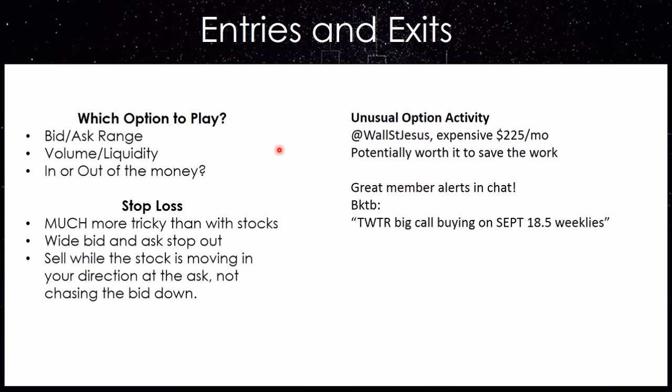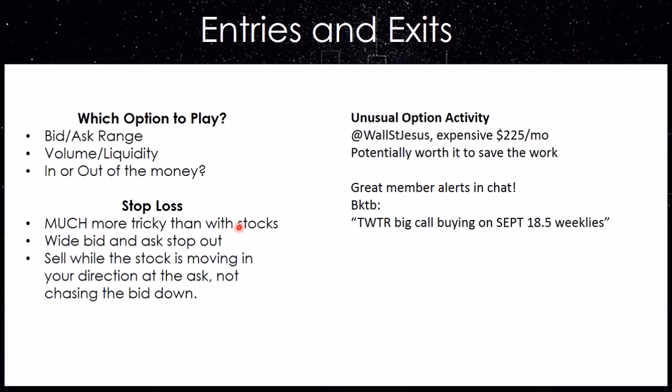Because let's say, we'll look at a Twitter example down here, but let's say Twitter is at $19 and you know good news is coming out, which is what happened this week, and you're looking at a $1 move to the upside, so a 5% move. If I'm looking to play $100,000 worth, that 5% move, I'm going to make $5,000. If I were to put that $100,000 in a weekly call, I'm going to make 30% easy, way more significant gains.